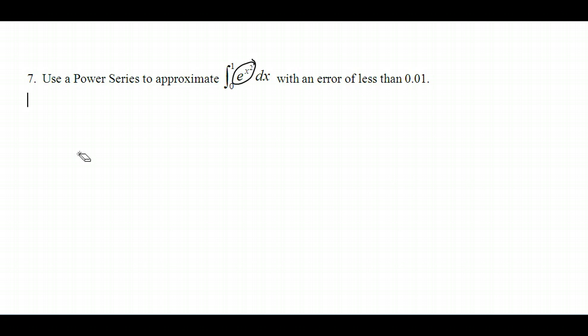So if I want to write e to the x squared as a polynomial, I'm going to start off with a very simple polynomial of e to the x. I know e to the x is 1 plus x plus x squared divided by 2 factorial, which is 2. x cubed divided by 3 factorial is 6. x to the 4th divided by 4 factorial is 24.